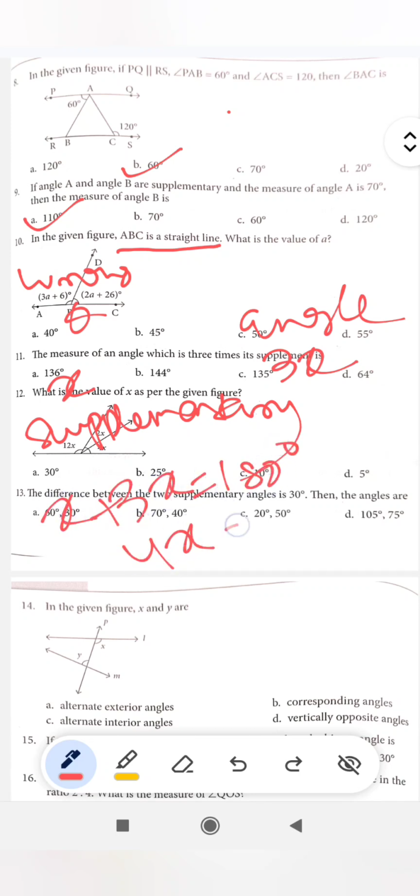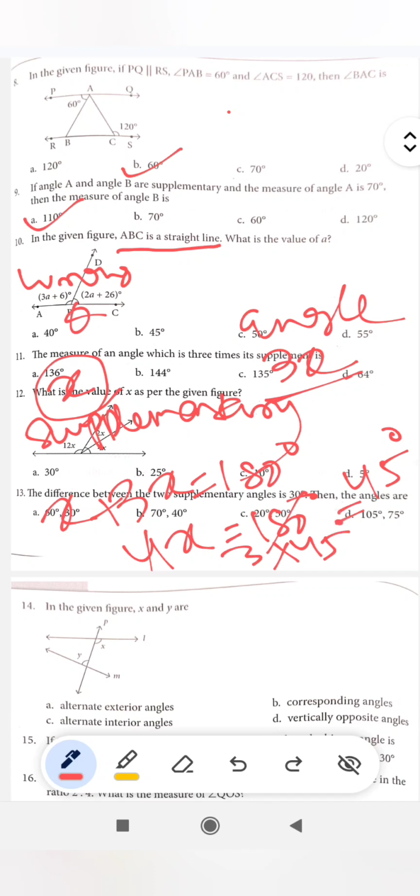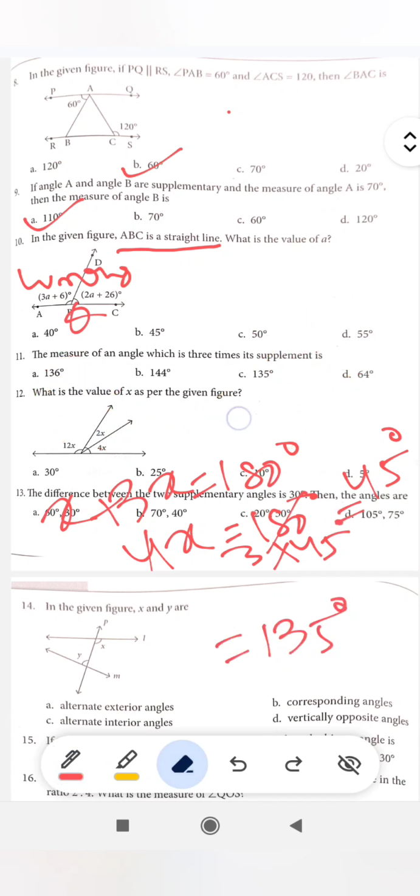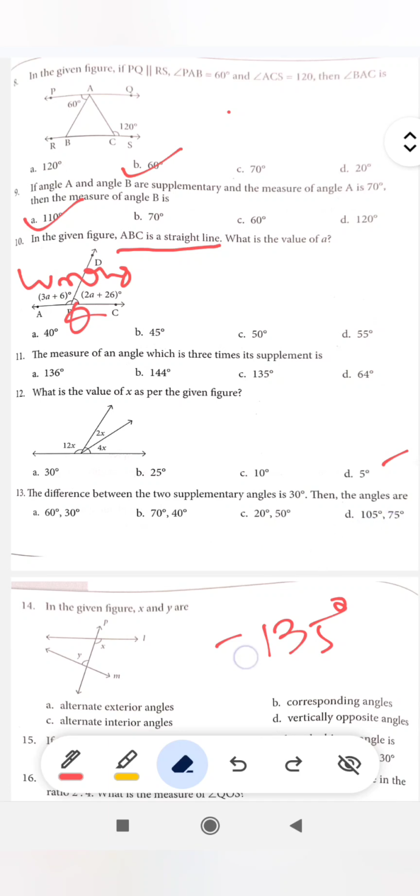So 4x is equal to 180 degrees, and x is equal to 180 degrees by 4, that is equal to 45 degrees. So the supplementary angle is 45 degrees. So what is the angle? 3 into 45 degrees, that is equal to 135 degrees. Okay. So which option? That is option C.